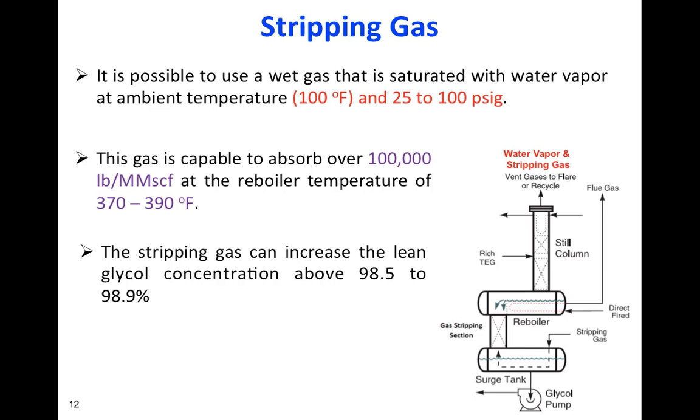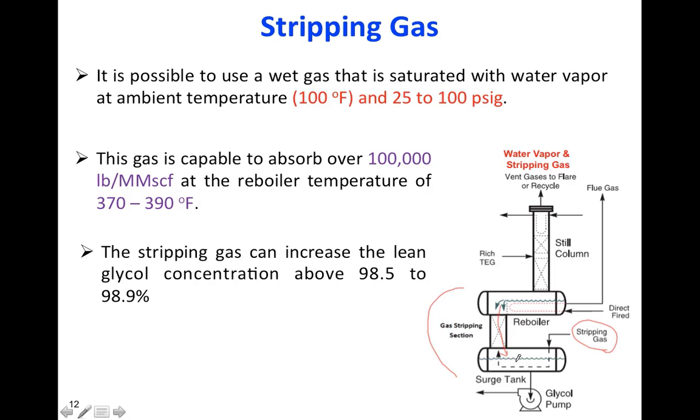Okay. Next, about using the stripping gas. When we have a stripping gas, our reboiler configuration will be like this. This is my reboiler. Then I can send the liquid from my reboiler to a kind of stripping vessel. In the stripping vessel, I use a stripping gas.